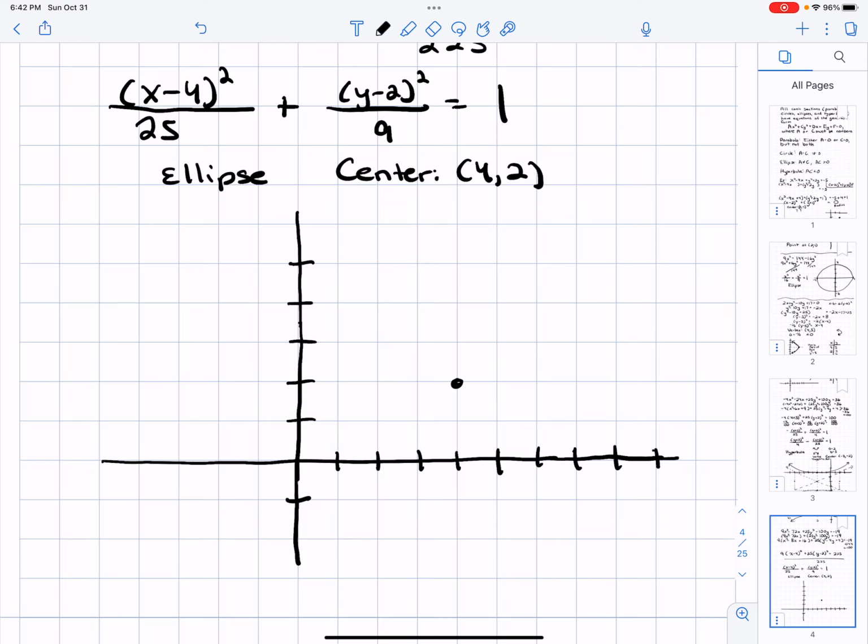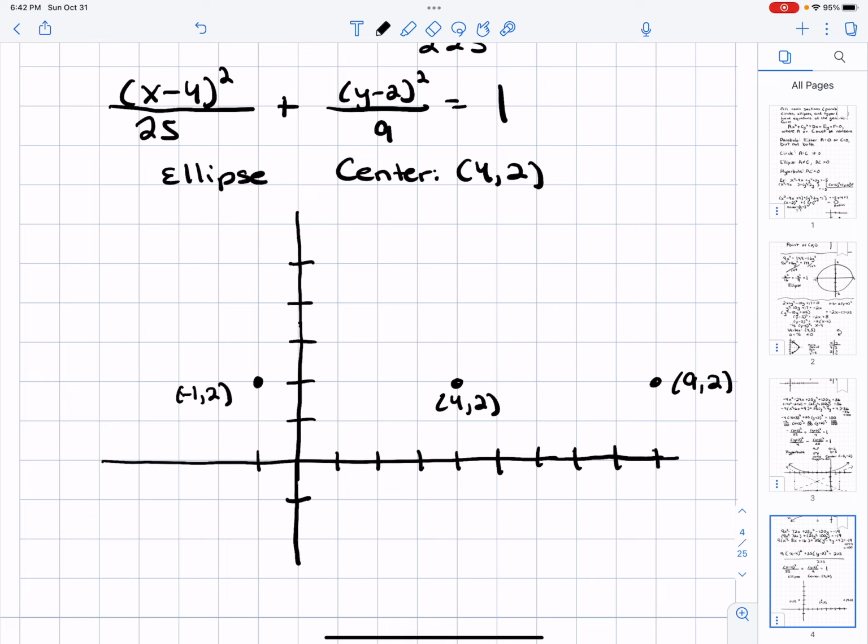Underneath the x minus 4 squared is a 25. So the square root of that is 5, which means you can go right 5 from the center, and I can go left 5 from the center. So I end up with the points 9 comma 2 and negative 1 comma 2 from the center 4 comma 2.